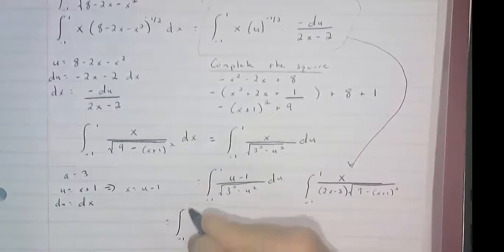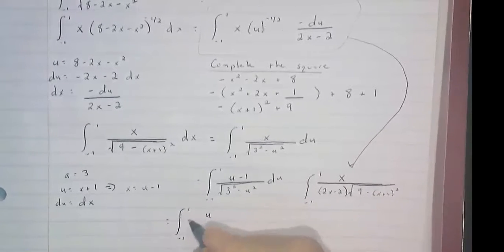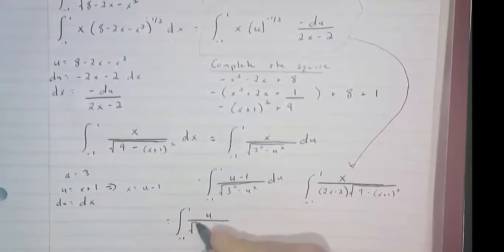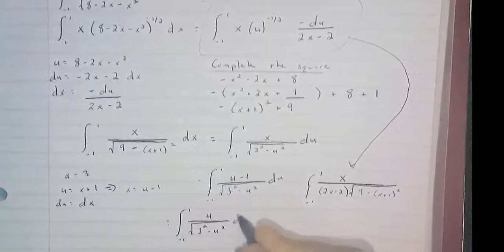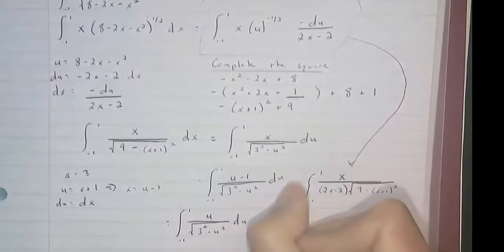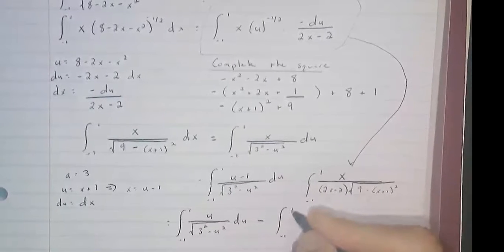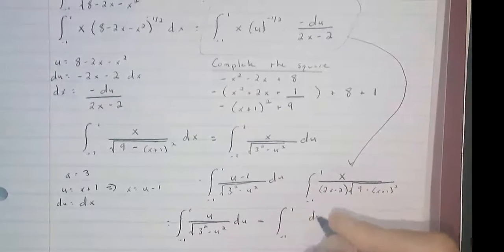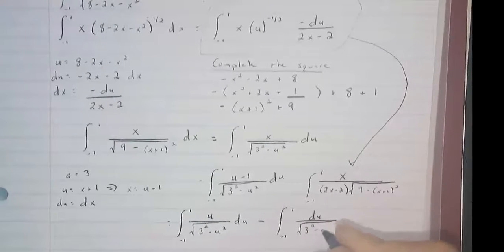From -1 to 1 of u over 3 squared minus u squared du, minus du over 3 squared minus u squared.